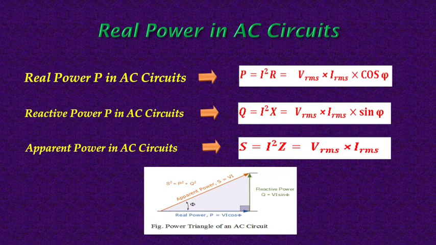Then there is a mathematical relation between real power and reactive power Q, called the complex power. The product of the RMS voltage applied to an AC circuit and the RMS current I flowing into that circuit is called the volt ampere product, VA, given the symbol S. So I square Z, V into I.